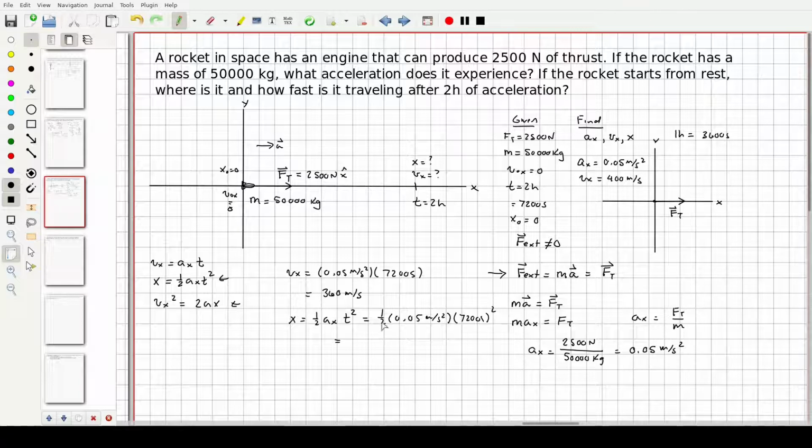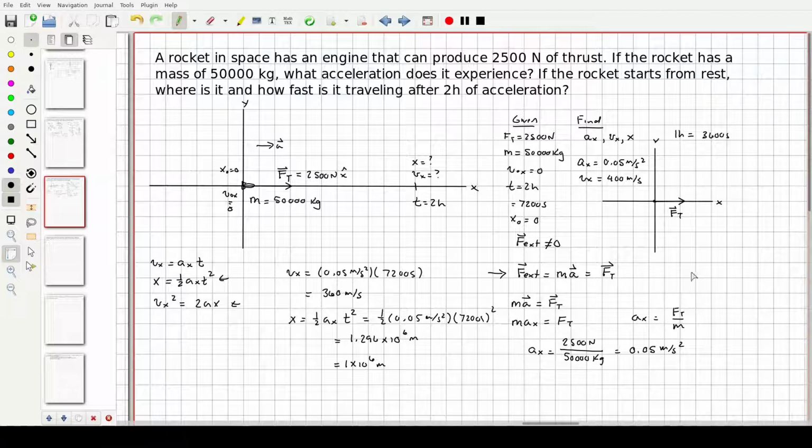And that ends up being something like 1.296 times 10 to the 6 meters. Okay, now keeping to within 1 sig fig, obviously this is going to be 1 times 10 to the 6 meters in terms of distance, but that's pretty far.